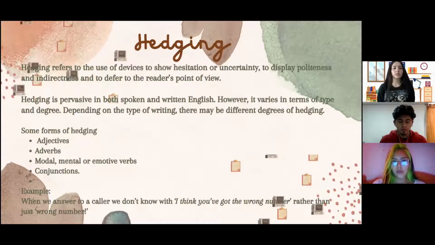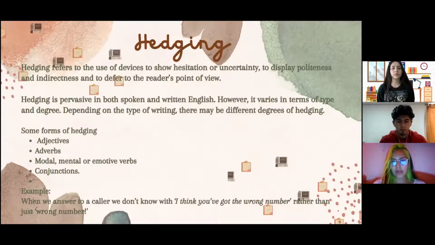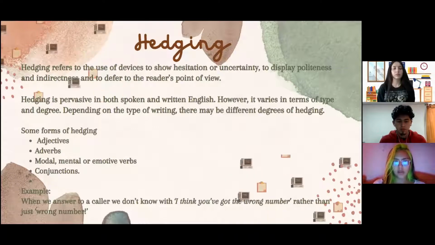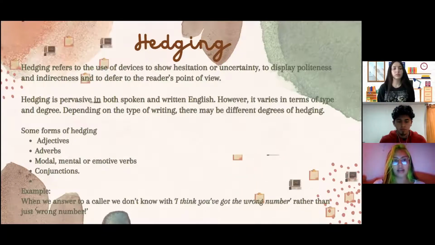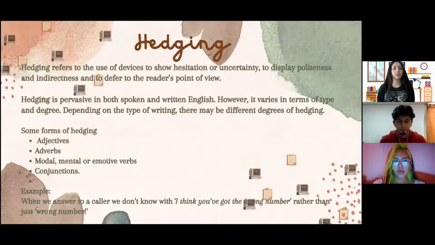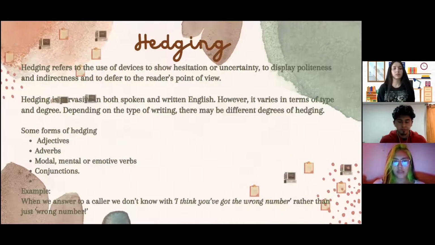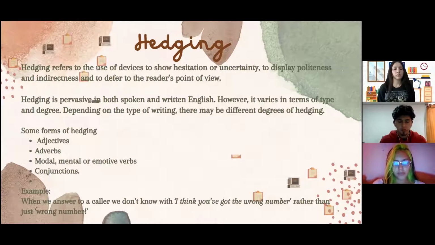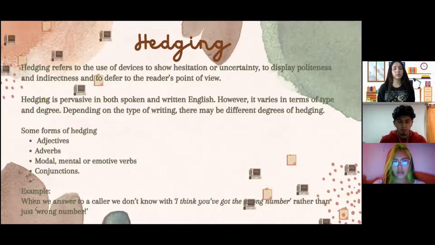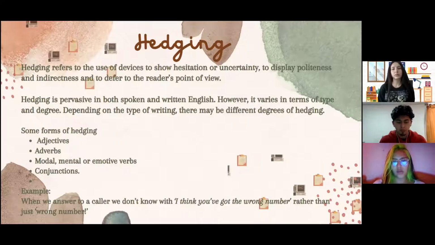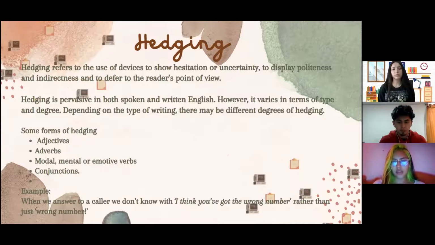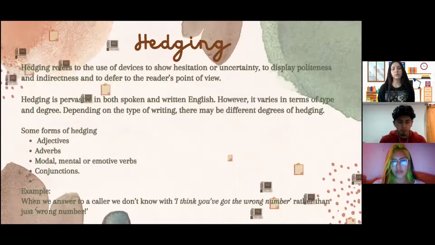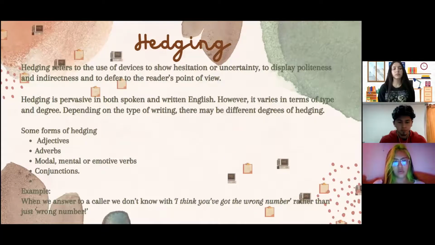Depending on the type of writing, there may be different degrees of hedging. Some forms of hedging are adjectives, adverbs, modal, mental, or emotive verbs, and conjunctions. For example, when we answer a caller we don't know with "I think you have got the wrong number," rather than just "wrong number."